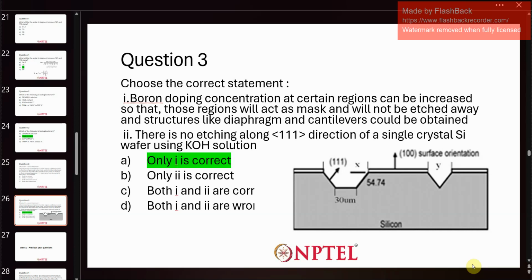You getting my point? It will occupy so much, and there will be so much bonding between the atoms, that the etchant will find it difficult to penetrate, and the etch rate will be slower. It will not be that etching is not happening, but that slower etch rate helps in getting structures like diaphragms, which are very thin in nature. So statement 1 is correct and statement 2 is wrong.